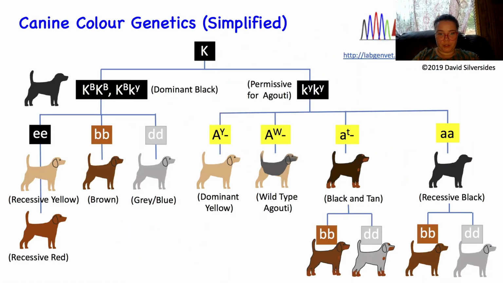And without further ado, we're going to look at all sorts of dog colors right now. Now, I haven't spent a whole lot of time with this chart. Haven't spent a whole lot of time in recent history on color genetics, so I might be a little fuzzy. But it gives you kind of an idea.